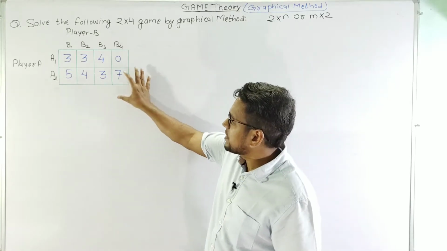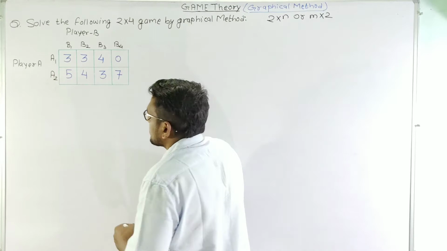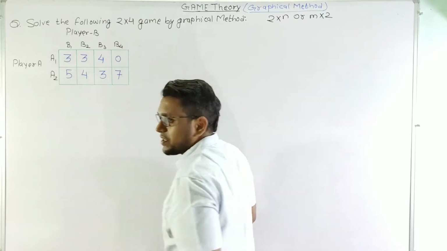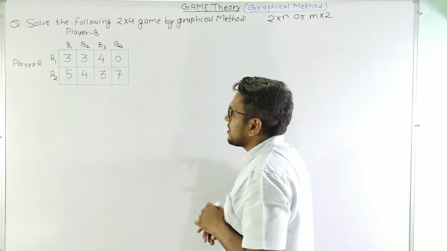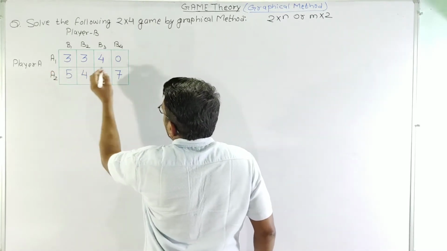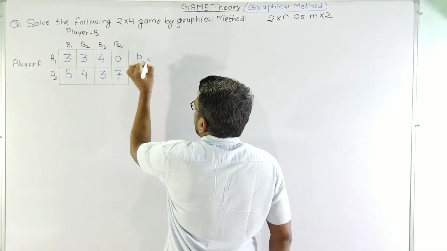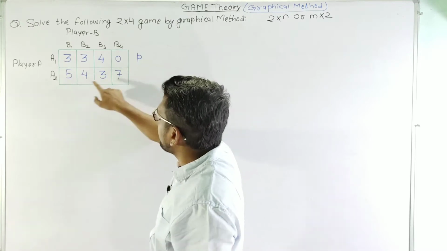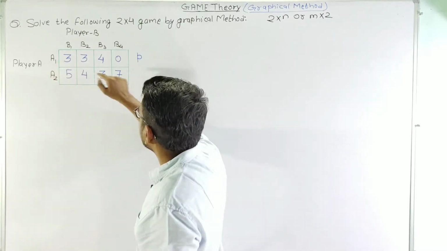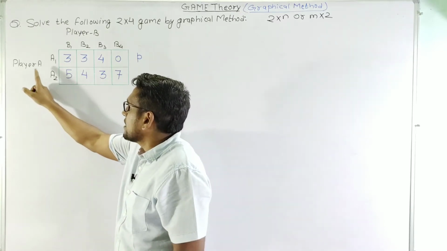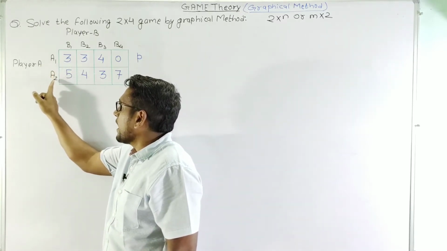In order to solve this problem, we need to consider the player with 2 strategies only. Suppose player A plays strategy A1 P of the time, that means the probability of player A playing strategy A1 is P. We know that player A is playing only 2 strategies, A1 and A2.